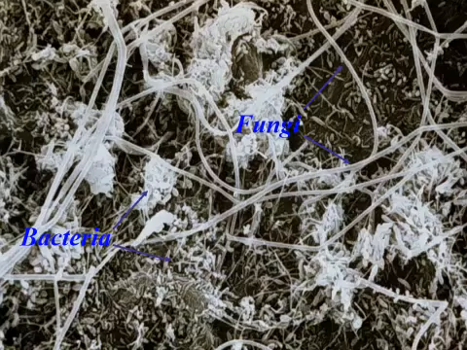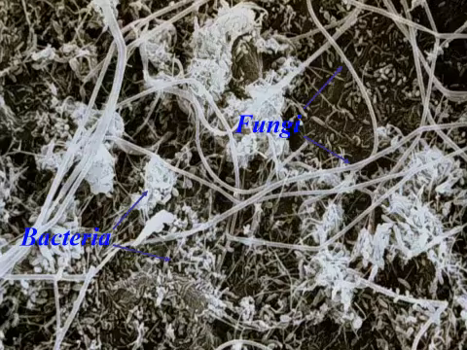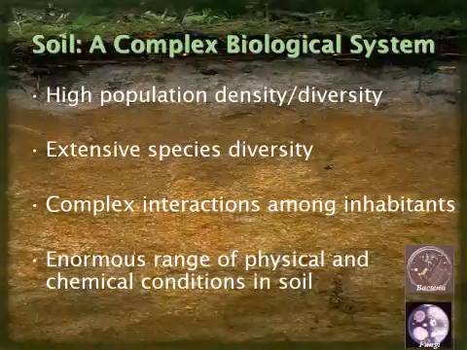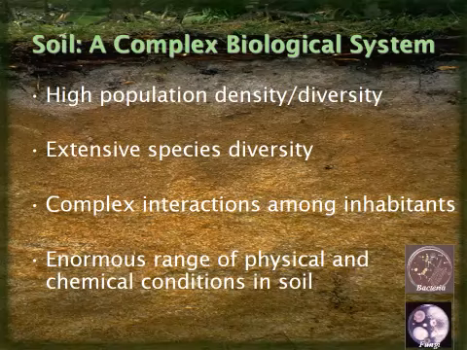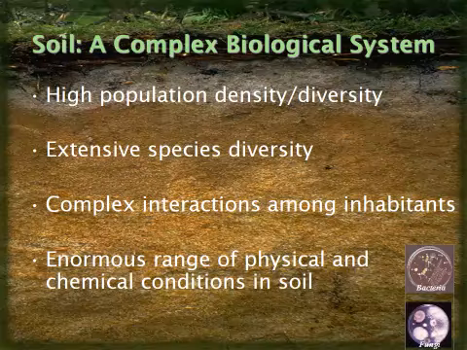Here's another image of these different soil organisms that's been blown up. Bacteria, remember, are really small. The bacteria are these little tiny structures down here, where the fungi tend to have these long, stringy structures, and they're a little bit bigger than the bacteria. So those are the fungi. There's a huge range of physical and chemical conditions in the soil that affect bacteria and fungi populations.